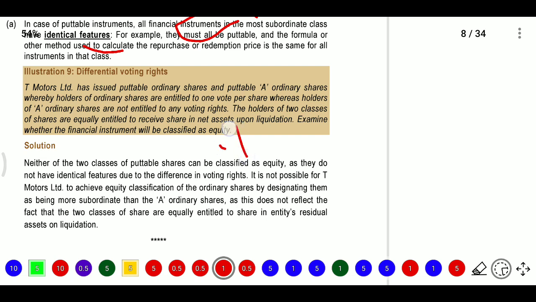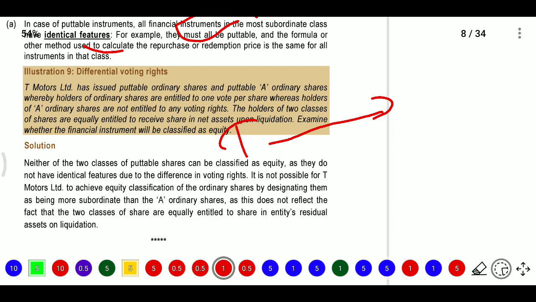Here T Limited has issued some puttable ordinary shares and puttable A ordinary shares, where the holders of the ordinary shares are entitled to one vote per share, whereas holders of A ordinary shares are not entitled to any voting rights.